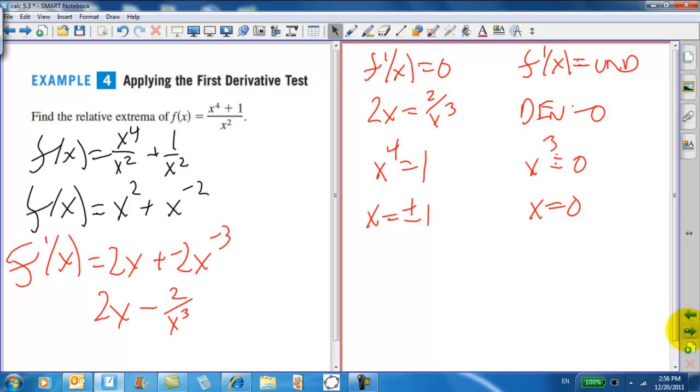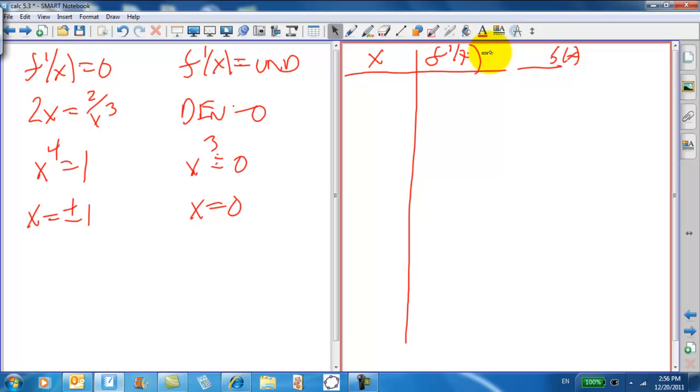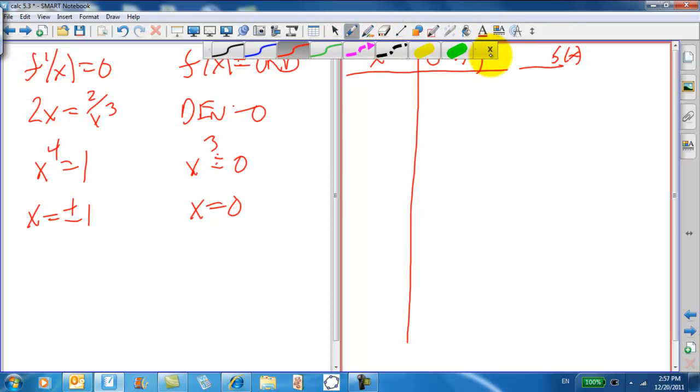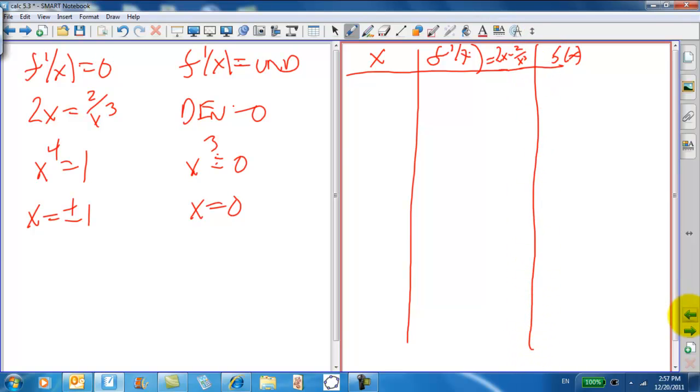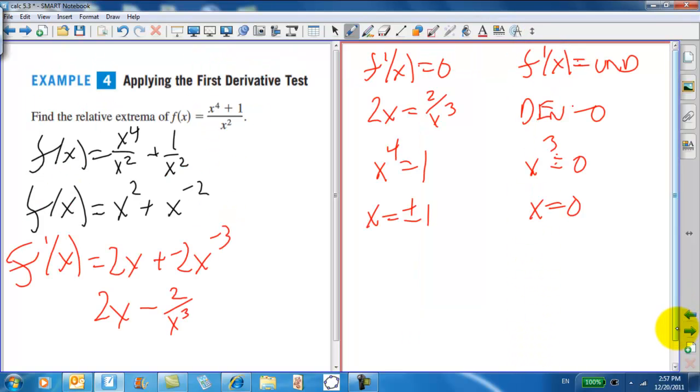The original function is x to the 4th plus 1 over x squared.